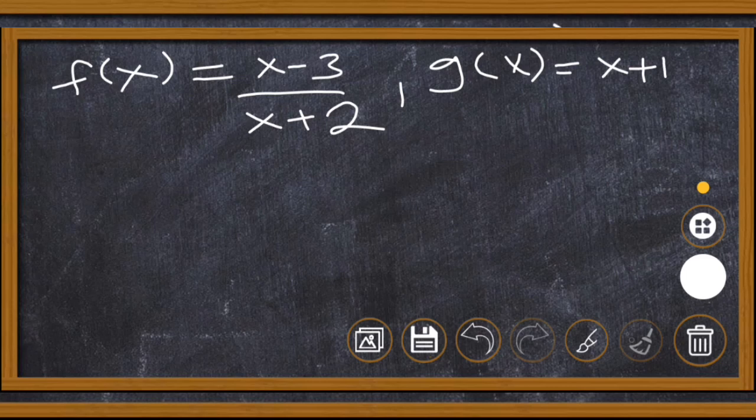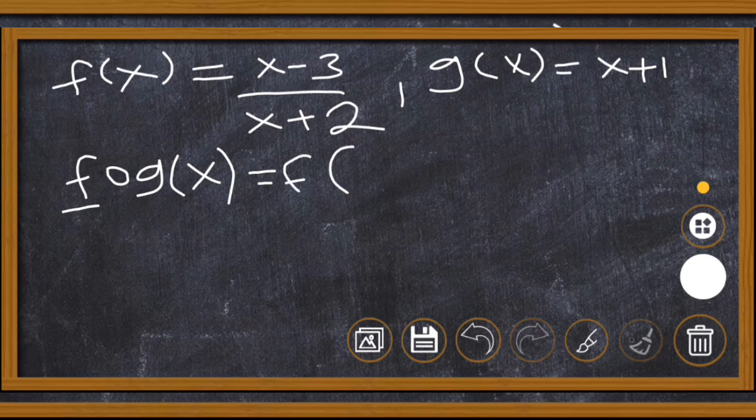And then you have been asked to find the value of f of g of x. So how can we go about this one? Well, what this simply means is that in the function of f, you're going to replace x with the function of g of x. So in this case then, the function of f we have, we will replace where there is x with the function of g.